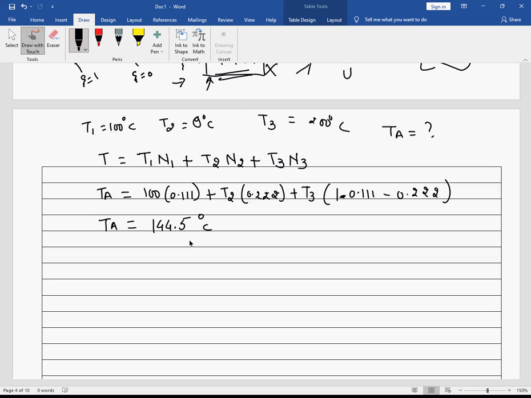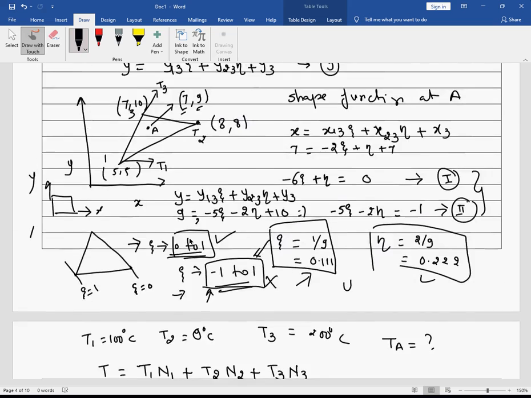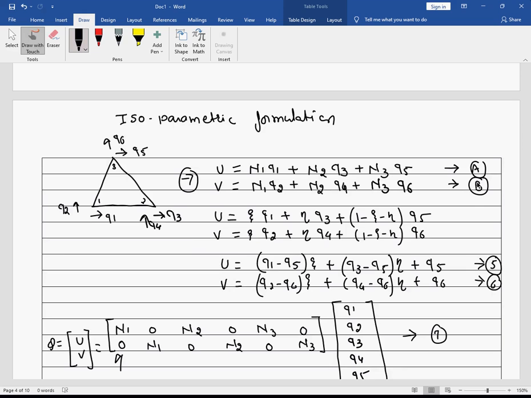Similarly, one could provide displacements like Q1, Q3 and Q5 as horizontal displacements at nodes 1, 2 and 3 respectively, and vertical displacements like Q2, Q4 and Q6 at nodes 1, 2, 3 respectively, and they may ask you what the horizontal and vertical displacement is at a particular point A, represented by U and V. In that case you can use equations A and B to find the displacement.